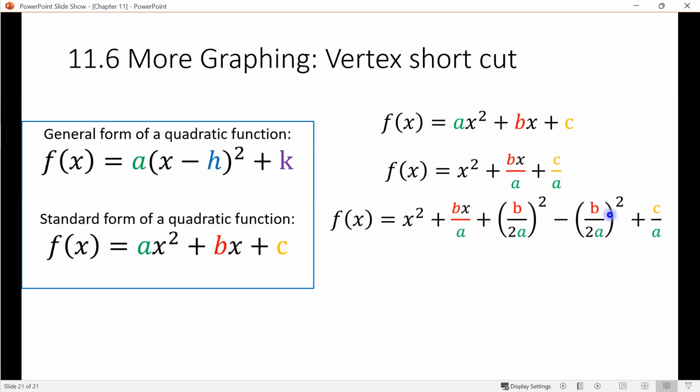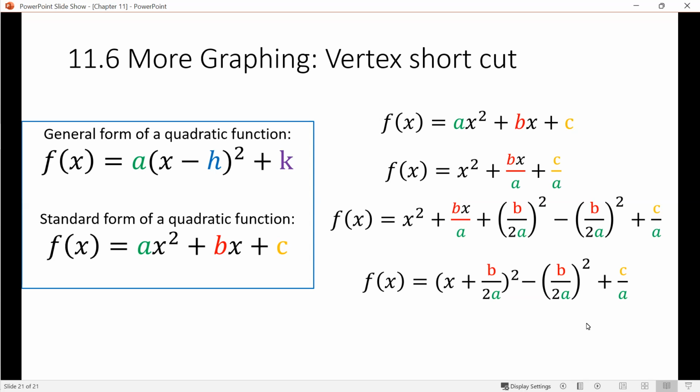So we're not really changing anything, we're just adding 0. But the piece that we're adding is the term we need to make these first 3 terms fold into a perfect square. And then that remaining stuff is just going to get added together on the outside. We fold those first 3 pieces into that perfect square because we've designed them to be factored into a perfect square. And then this stuff on the outside is all just a bunch of constant terms that can get added together once you have a concrete equation with actual numerical values for a, b, and c.